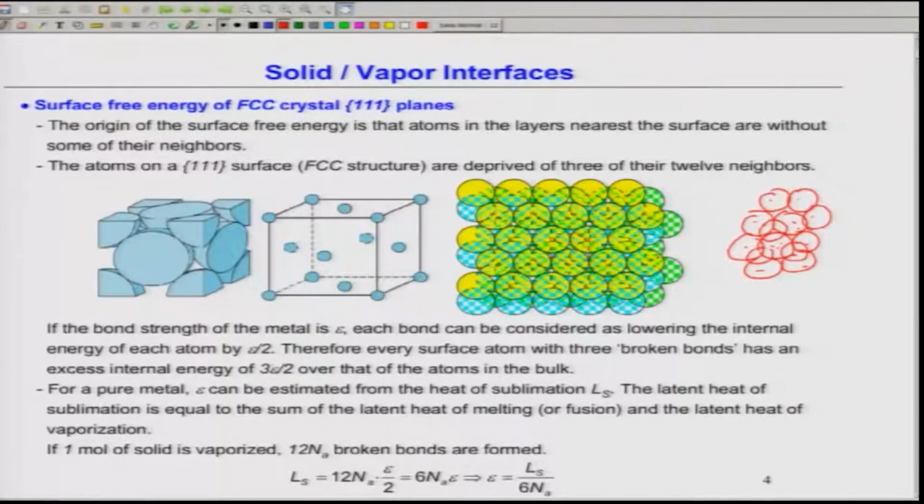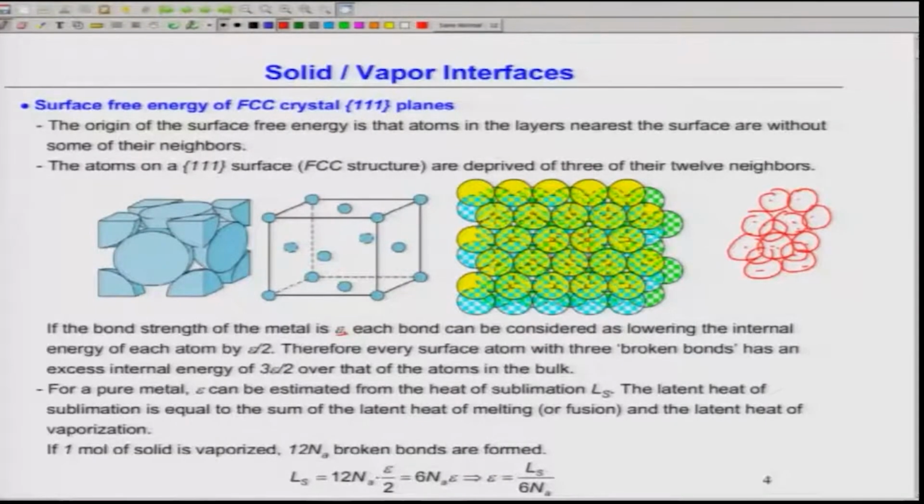Now, suppose we assume this is a pure metal. Therefore, the bond strength of every bond is similar, that is equal to epsilon. So, each bond can be considered as lowering the internal energy by epsilon by 2, obviously, because each bond is formed by 2 atoms.